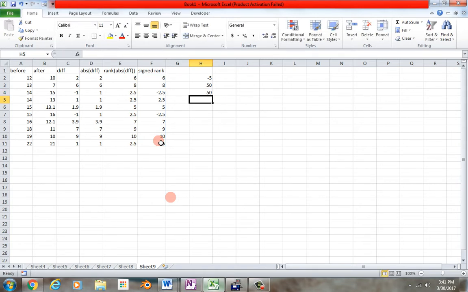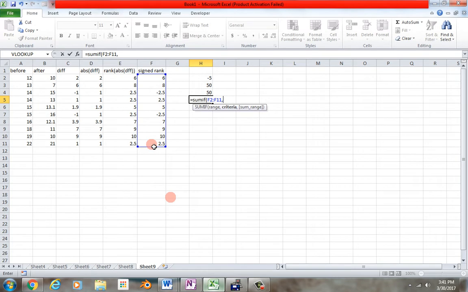Yay, it works. And then you can do the other way around too. Equals SUMIF this range, and then you just go the same way with less than 0. Ta-da! Yay, it works! Anyway, that's what we're going to do.